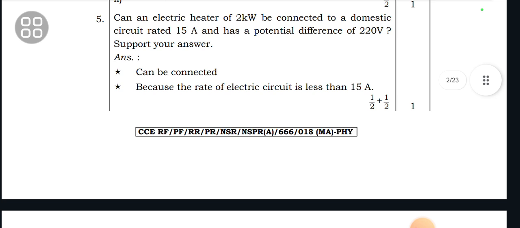The answer is that it can be connected, because the rating of the electric circuit is not less than the current required. As you calculate this, you will get about 9 amp, which is less than the 15 amp given in the question. This will be the reason for the answer.